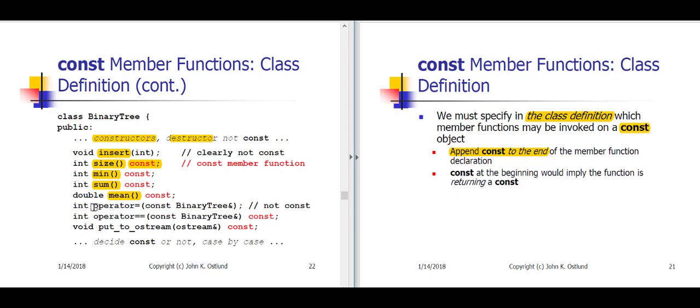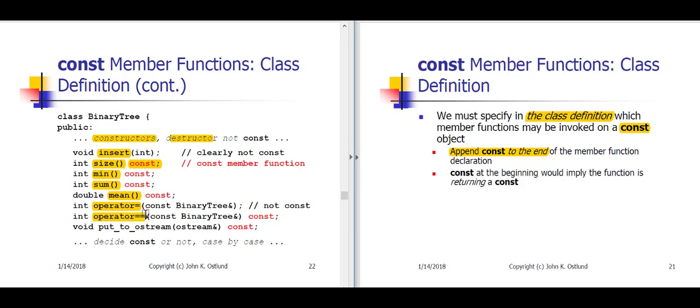Now here we have the assignment operator. The assignment operator will, of course, modify the current binary tree object to contain a copy of the argument binary tree object. So the assignment operator cannot be declared as const.